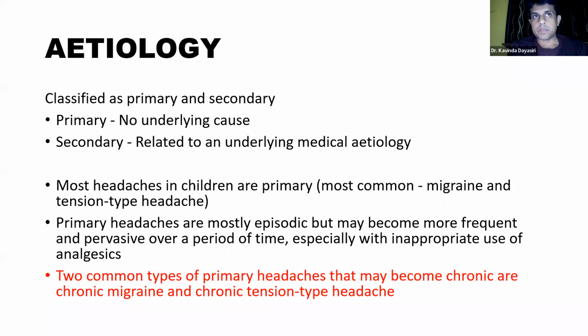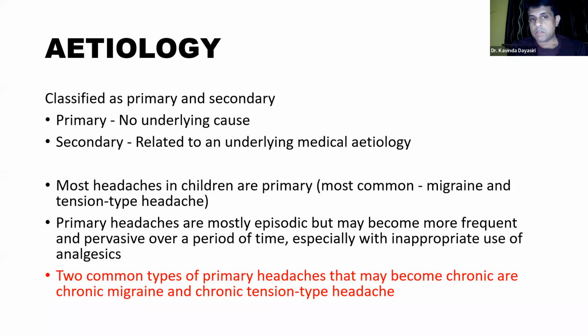Secondary chronic headaches are related to some kind of underlying medical etiology, for example conditions like benign intracranial hypertension, Chiari malformation, arteriovenous malformation, or venous sinus thrombosis. They can present with chronic headache, but they are due to a different primary etiology.